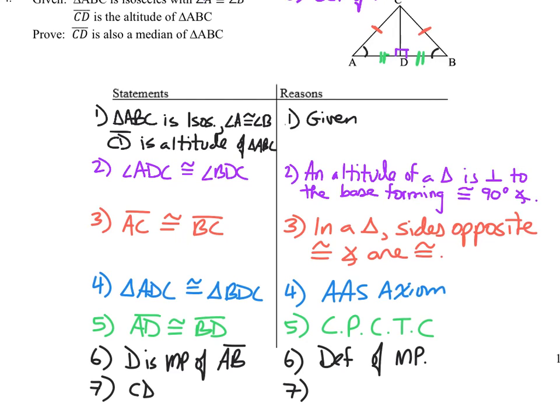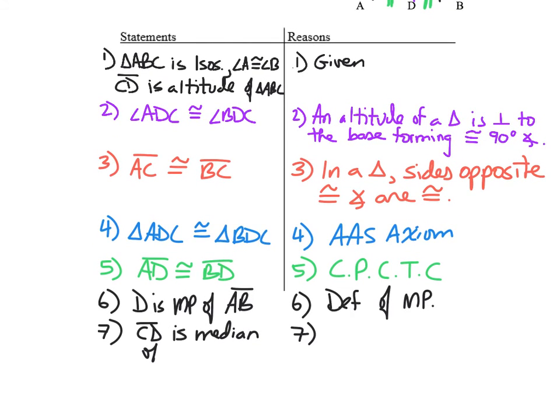So CD is the median of triangle ABC. A median intersects the midpoint of the base of a triangle. All right, so definition of median of a triangle.